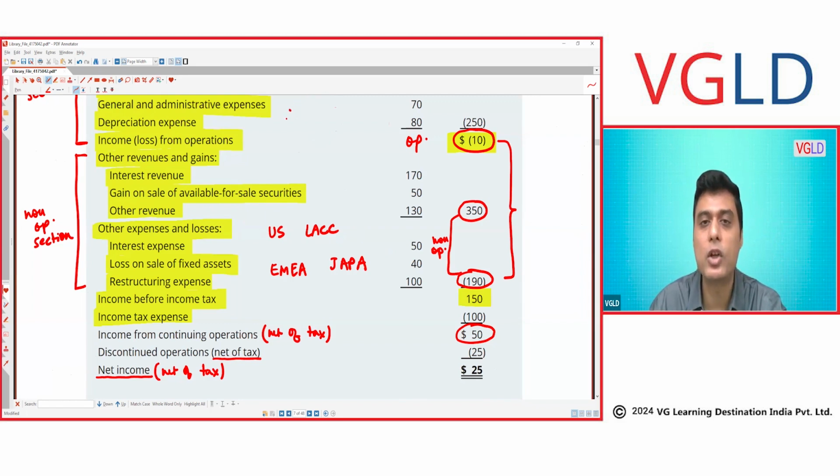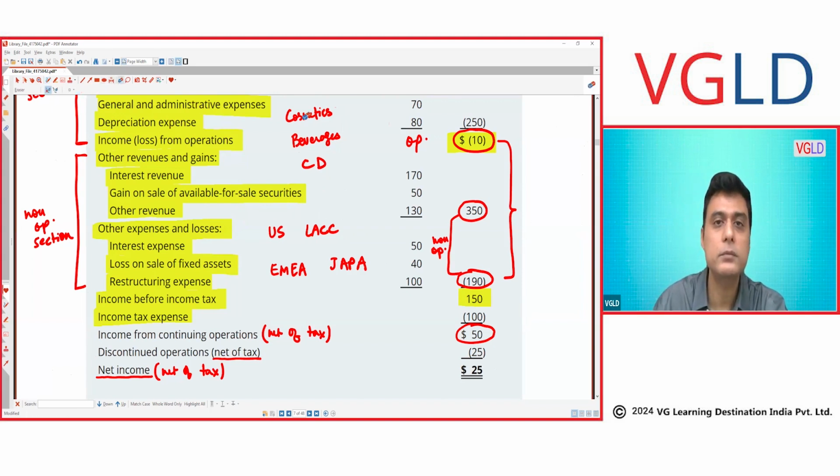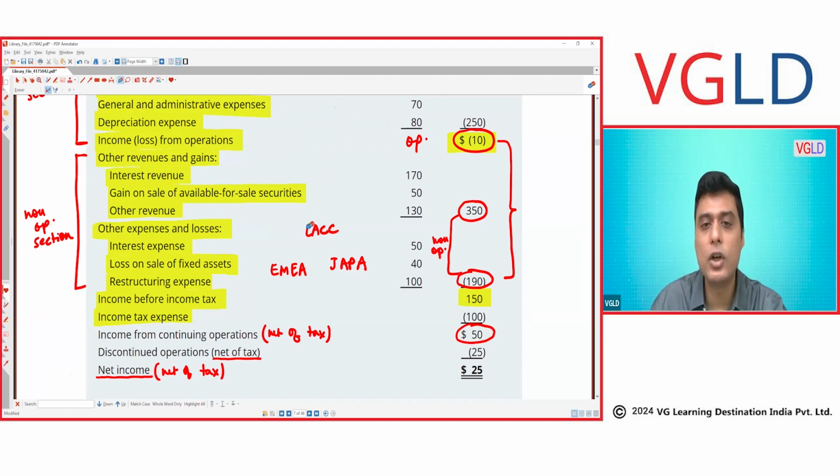We are going to define ourselves by the products, or the lines of businesses that we have. So maybe cosmetics, beverages, consumer durables, this kind of structuring is done. Complete restructuring, or any other kind of restructuring, right? So it's not a normal thing to happen every year.